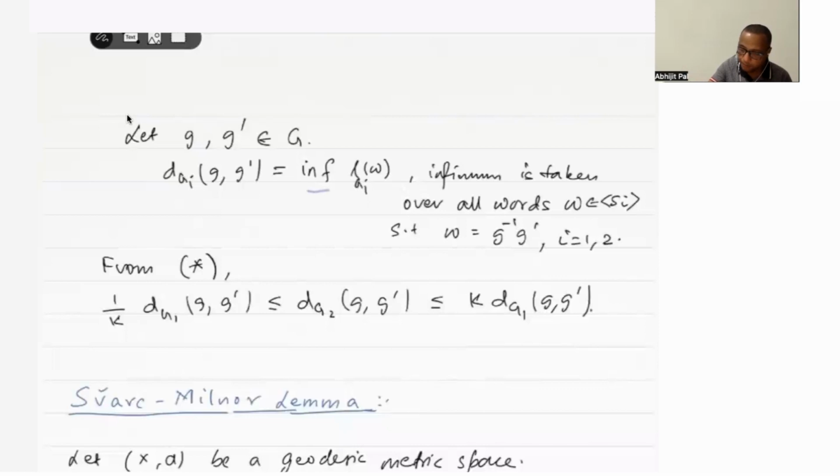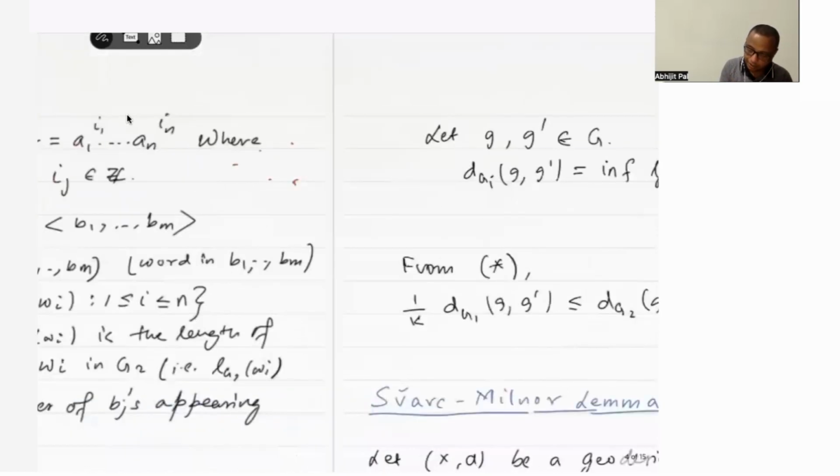It is the infimum of the length of all words w, where this word w represents the element g inverse g prime. There can be several words which represent this g inverse g prime, so you just take the infimum of the length of all those words which represent g inverse g prime.